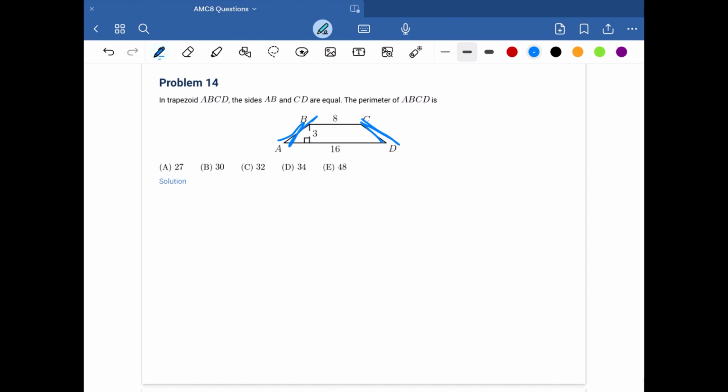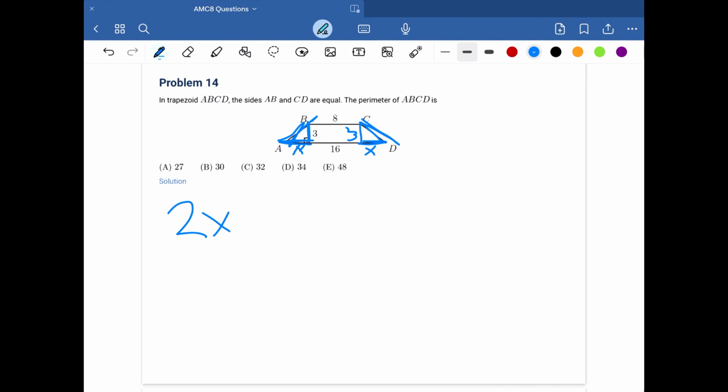This means that the height and this length are also equal to this height and this length, because these are both right triangles, and if the hypotenuse stays the same, then the legs must also have the same lengths. So this is also 3, and if this is x, then this also is x. And to find the value of x, we can write an equation.